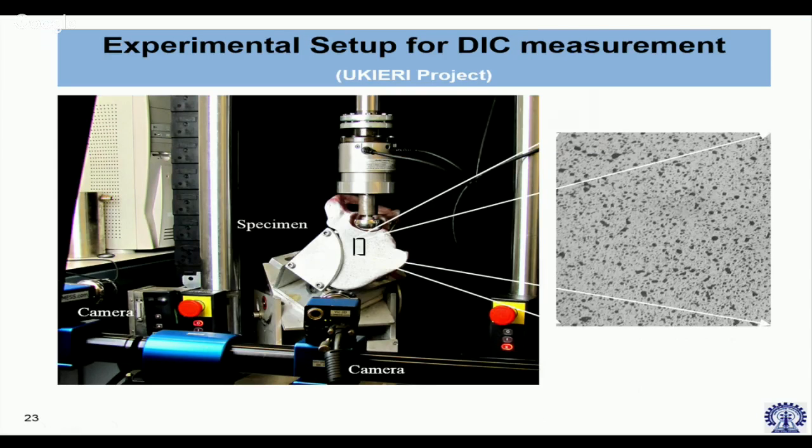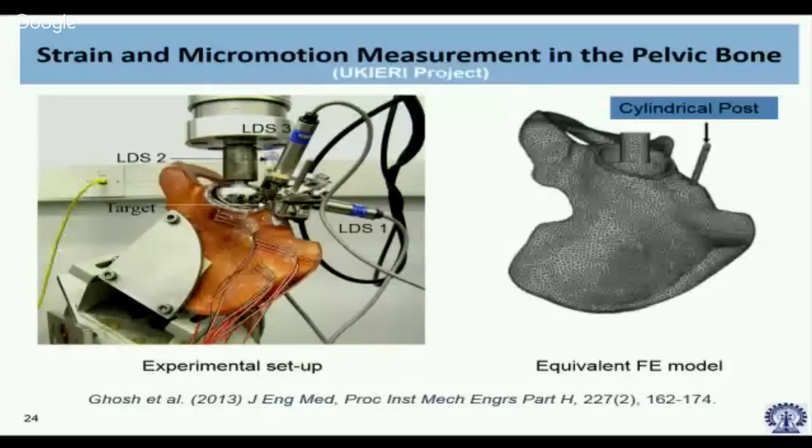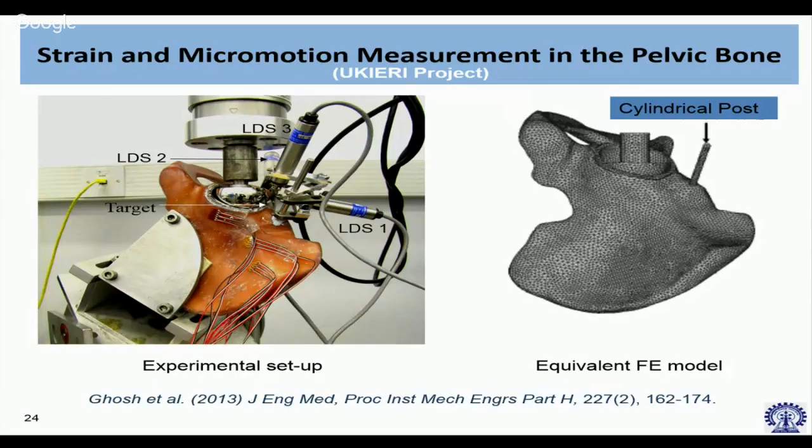So more about measurements, you can also see the random speckle pattern generated on the pelvic bone. Now we thought the DIC is a new technique, right? But our age-old friend the strain gauge is still alive and kicking.